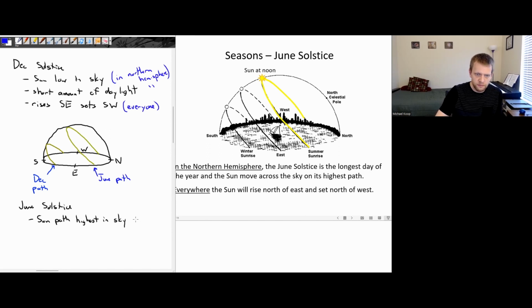We're still assuming northern for this. Again, this pattern is flipped if you're dealing with the southern hemisphere. But for the northern hemisphere, the sun path is highest in the sky, longest amount of daylight.